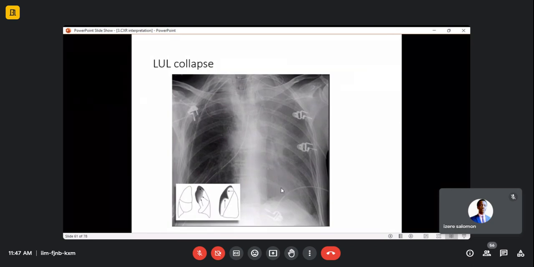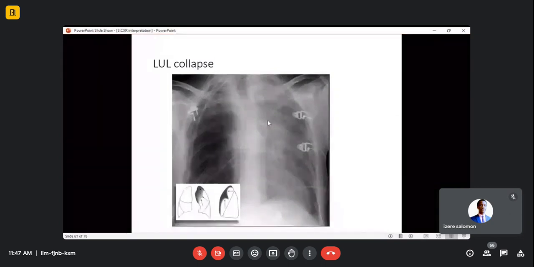Another piece of information: if I start now with the hilum, I don't see much, but it looks like the hilum on the left side is elevated, too much elevated. At that level it was supposed to be somewhere there, but it's elevated. And again, there is opacity near the mediastinum, it is not clear like the rest of the lungs.